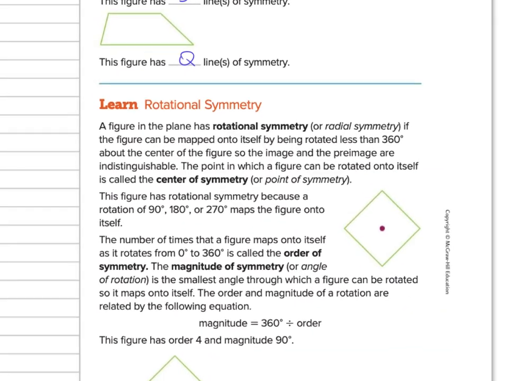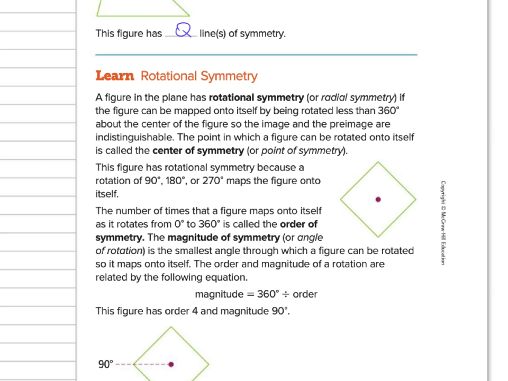Okay, now rotational symmetry. A figure has rotational symmetry if it can be mapped onto itself by being rotated less than 360 degrees about the center of the figure, so that the image and the pre-image are indistinguishable. So I think of rotating this. If I were to rotate it 90 degrees, it would look like itself. Every 90 degrees, it would fall back onto itself, so it would look like a diamond shape.